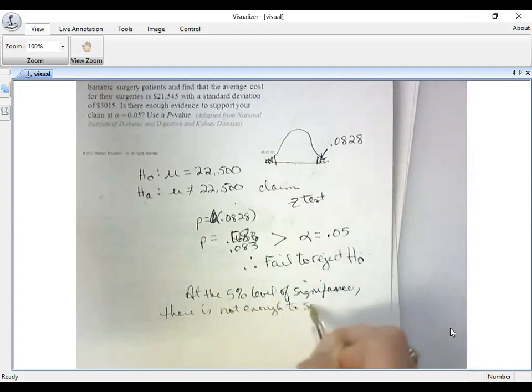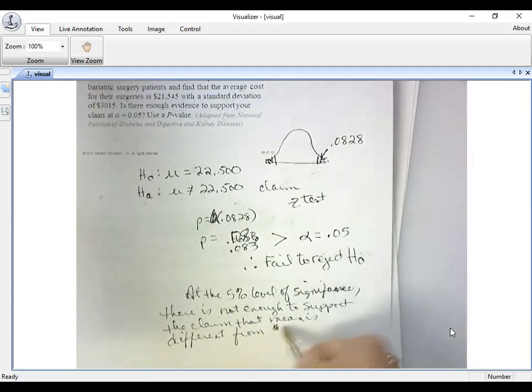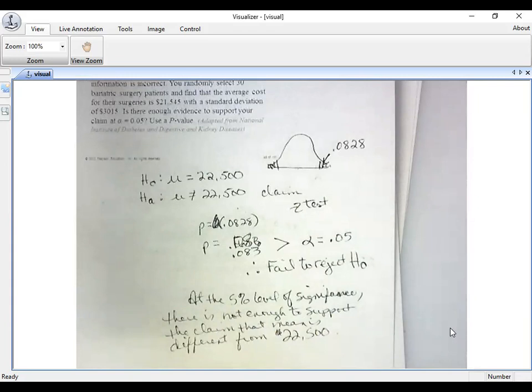To support, good, got to support the HA, to support the claim that the mean is different from 22.5.